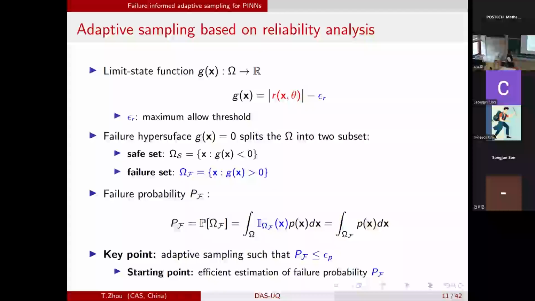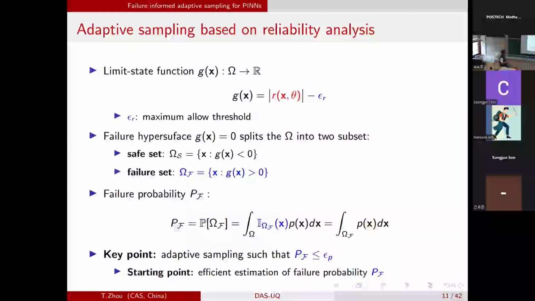So the idea is to adaptively find this failure probability. And this can be viewed as the error indicator in finite element method. In finite element method, you have to derive some error indicator, and after each iteration, you compute an indicator and refine the mesh, and then repeat the computation. Here is the same. Here, the indicator is the failure probability.